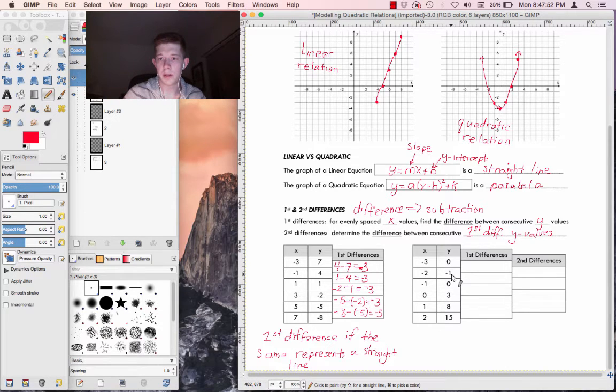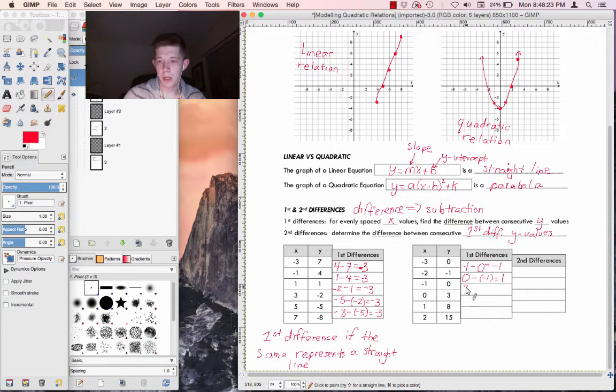So they're all the same, so we're good to go. Let's take negative 1 minus 0, and negative 1 minus 0 gives me negative 1. I get 0 minus negative 1, and that comes out to 1.